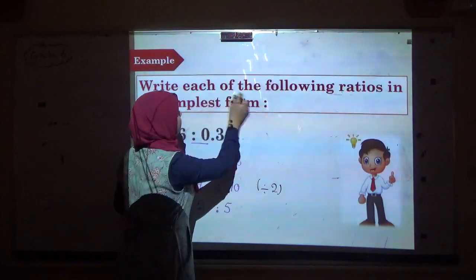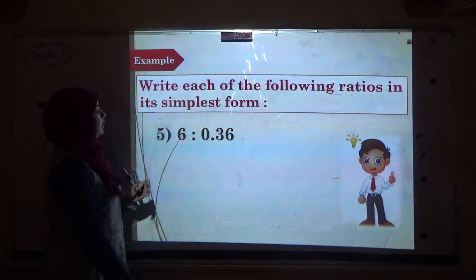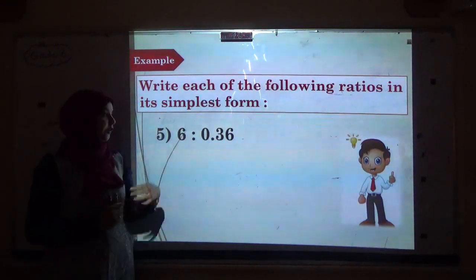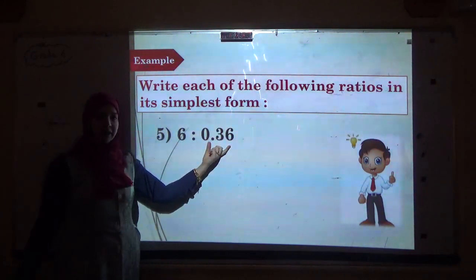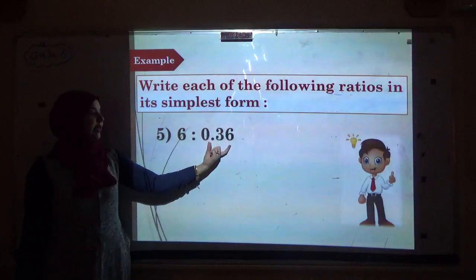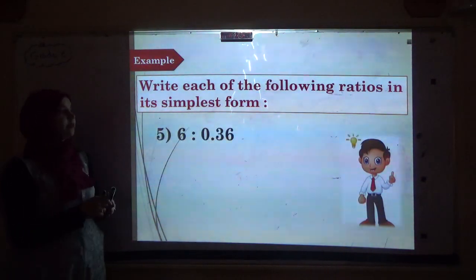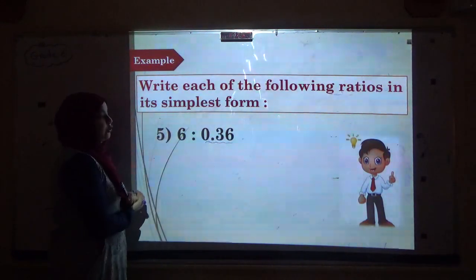Another example. Simplify 6 to 0.36. Here 6 is a whole number, but 0.36 is a decimal number. So we should cancel the decimal point from this term by multiplying it by 100, because the decimal point here is after 2 digits.